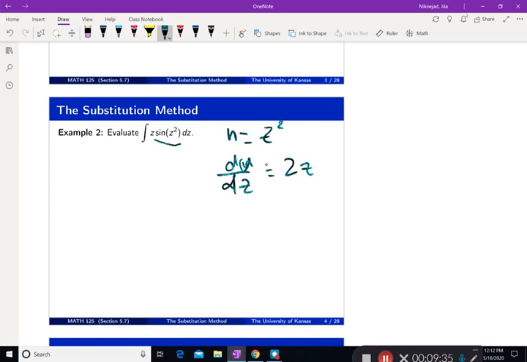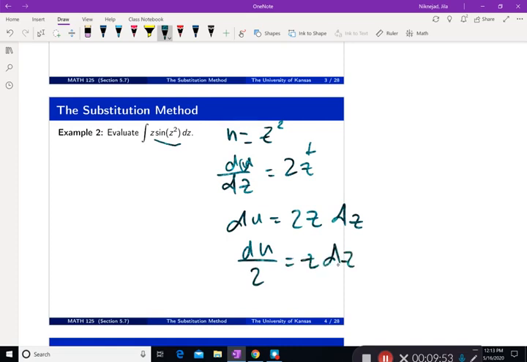So I do have the part with a variable, I just don't have the constant. So if I write du is going to be 2z dz, now I divide by that 2 to get z dz. Why? Because I have z here and I have dz here, and I want to replace z dz by something of u, and this makes it possible.